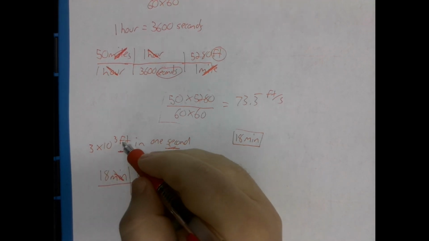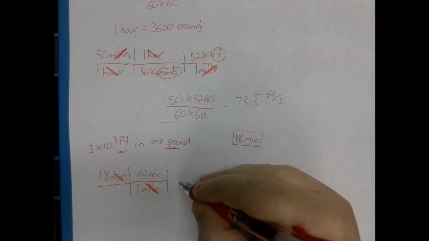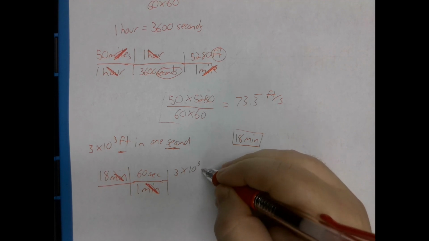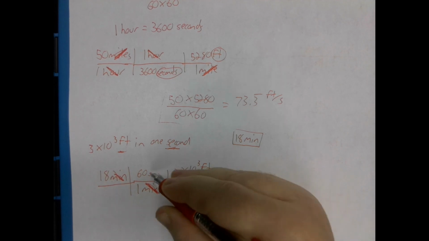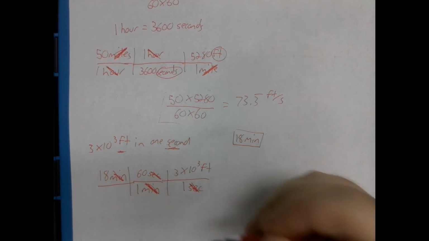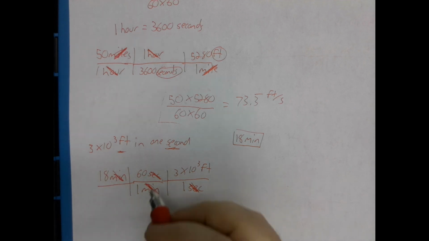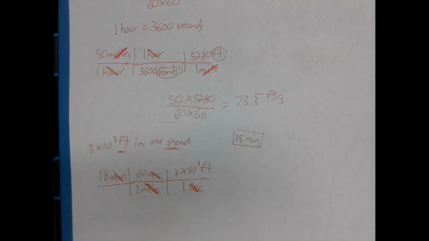Now we can convert feet into seconds or seconds into feet. So we know it's 3 times 10 to 3 feet in 1 second. Seconds cancel out, and now we're in feet, which is what the question says, how far.